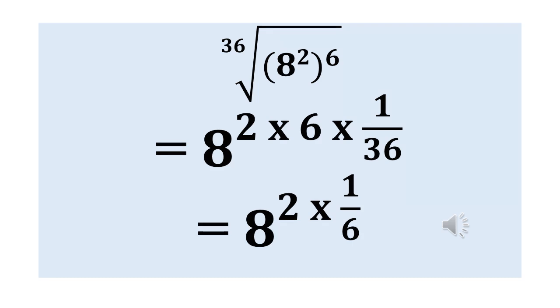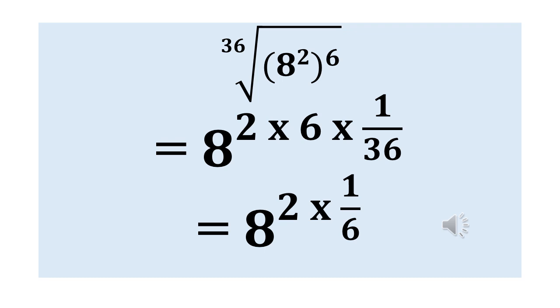What this means is that the 36th root of 8 squared raised to power 6 is the same thing as 8 squared times 6.